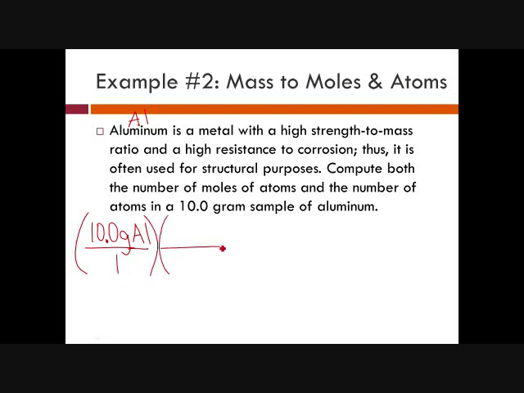Okay, what's the molar mass of aluminum? 26.98. Is that going to go numerator or denominator? Okay, denominator. Is anybody confused about why I just went automatically to molar mass?